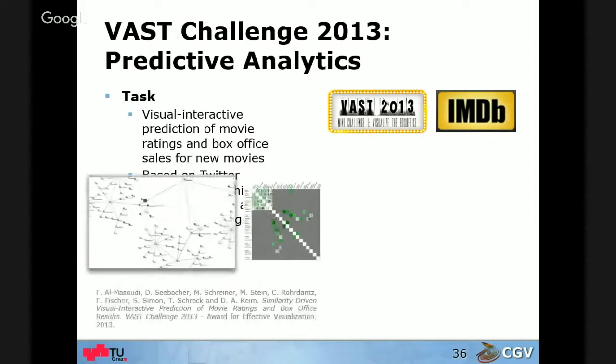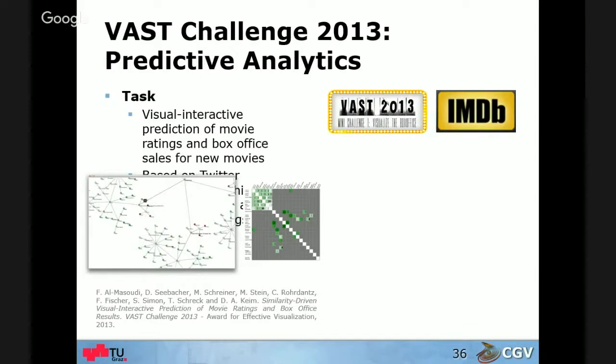Thanks to students at University of Konstanz, we were able to implement two different approaches to this challenge and submit results. One of the approaches, which you see here on the left-hand side, was visual interactive oriented. It's basically a mind map where the predictors could select similar training samples, similar historic movies based on similarity of genre, of actors, and a couple of selection techniques like actor co-occurrence matrices helped.